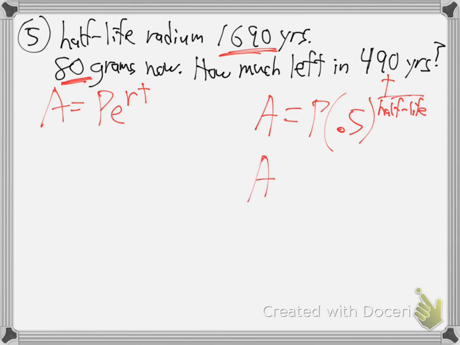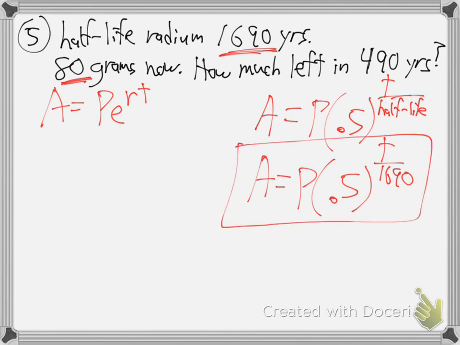So in this problem, it's going to be P times 0.5 to the t over 1690. And then you just plug in and you're done. That will be a shortcut formula we always use for half-life problems.